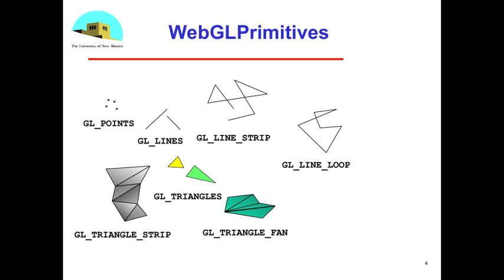Now you have two other variants that are very important, both for modeling and for the efficiency of rendering. What a triangle strip does is say, use the first three vertices to determine the first triangle. So let's say here's first, second, third, and then each successive vertex after that is coupled back to the previous two to form a new triangle.